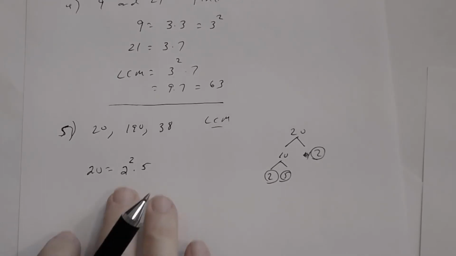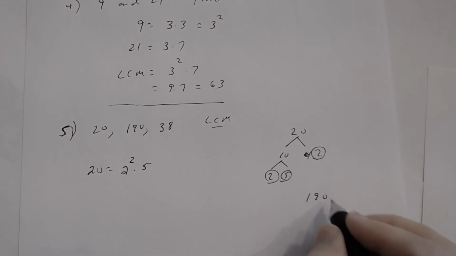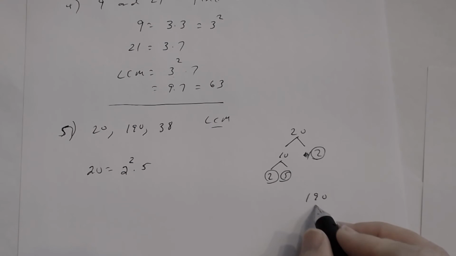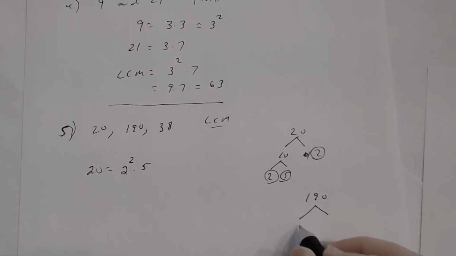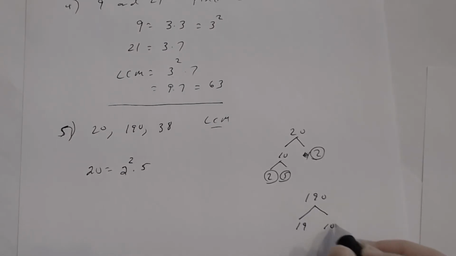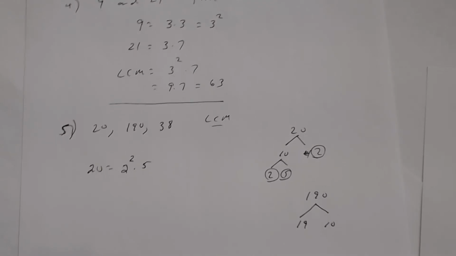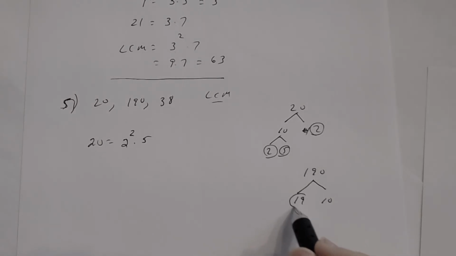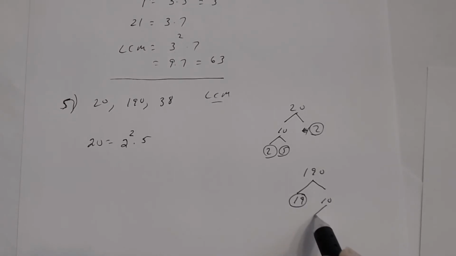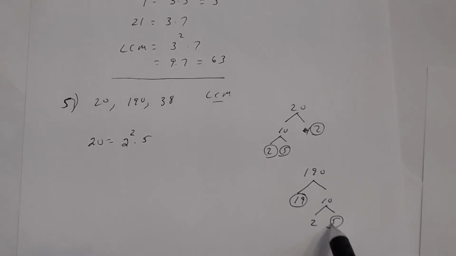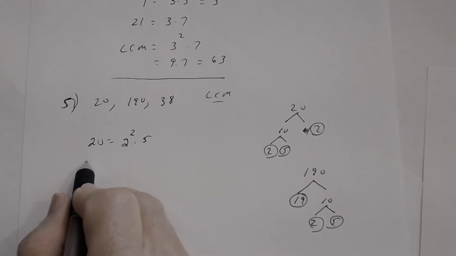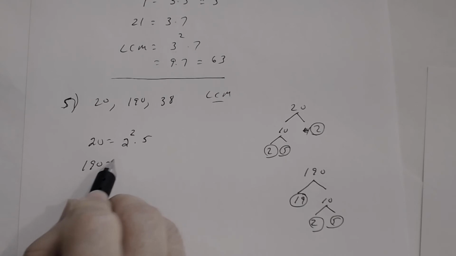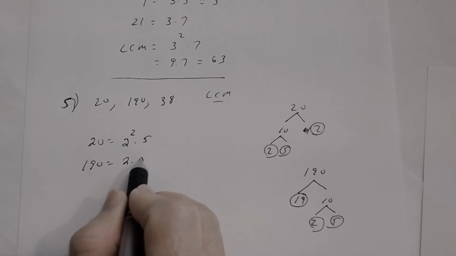Now let's look at 190. The prime factorization is, let's say, 19 times 10. 19's prime, 10 is not, so that's 2 times 5. And now I know that 190 is 2 times 5 times 19.